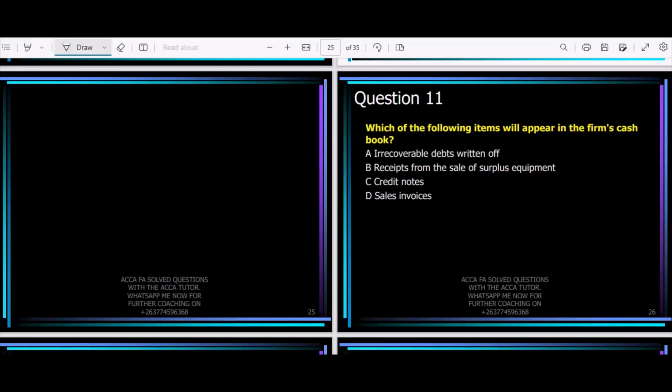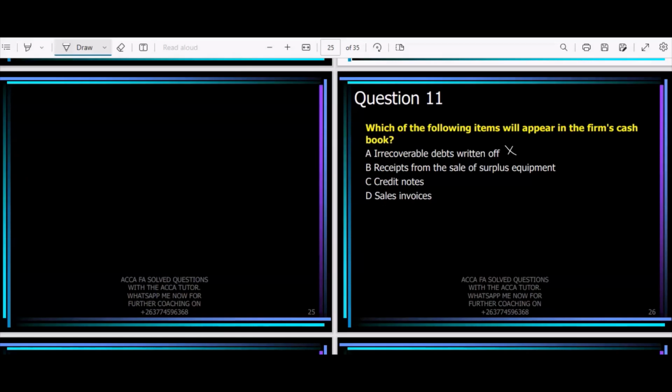So irrecoverable debts written off are not going to appear in our cash book, because these involve the use of journal entries. They will be initially entered in the journal, and then posted to the receivables ledger and general ledger. So we are not going to see them in our cash book.